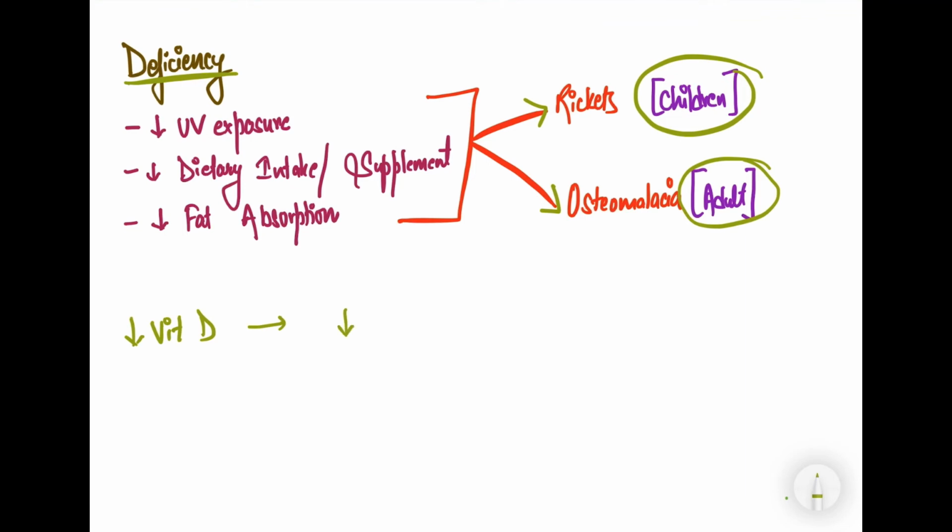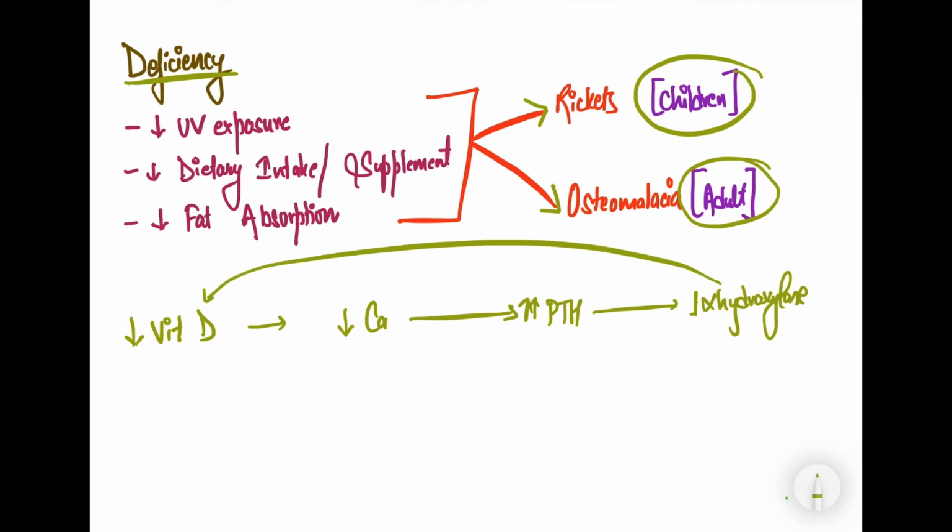When vitamin D level is lower, there is a lower level of calcium in the blood that stimulates parathyroid hormone to increase, as we have already studied previously, and this parathyroid hormone in turn stimulates 1-alpha hydroxylase, which will finally help recover the vitamin D. But with the deficiency manifestation, which is very crucial, the production of vitamin D is not possible, hence resulting only in a higher level of parathyroid hormone in the blood.